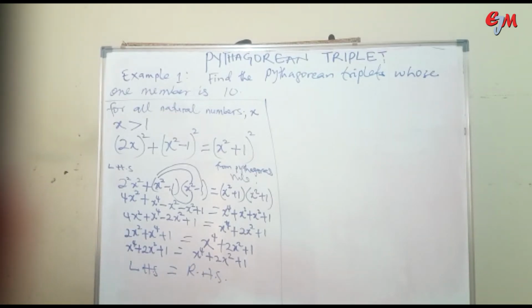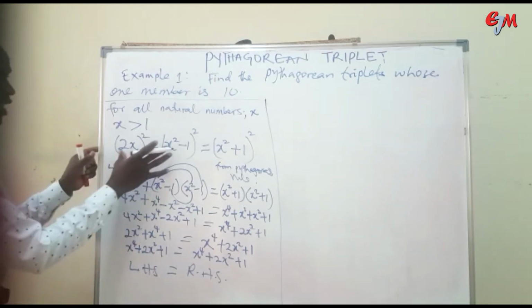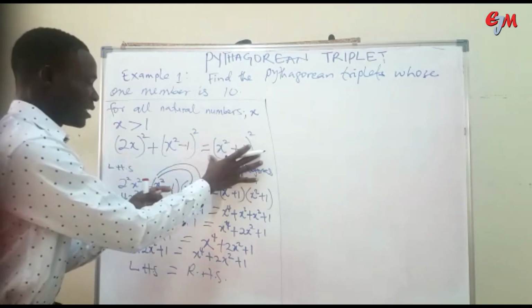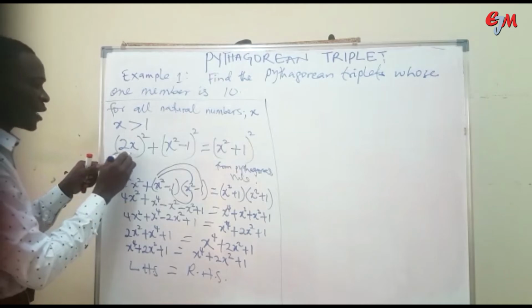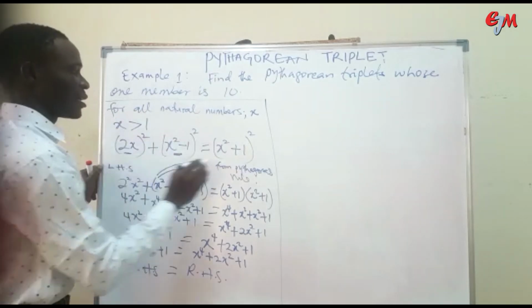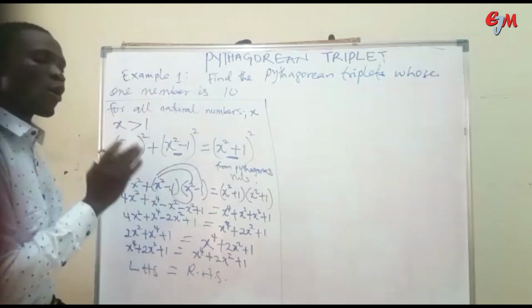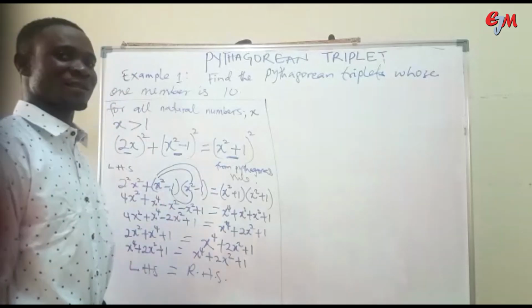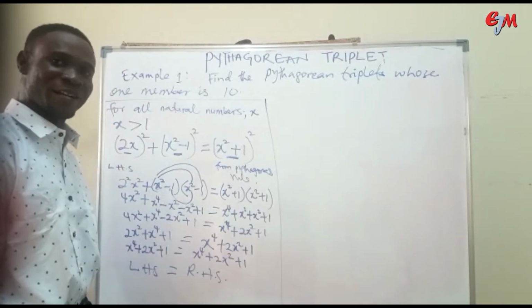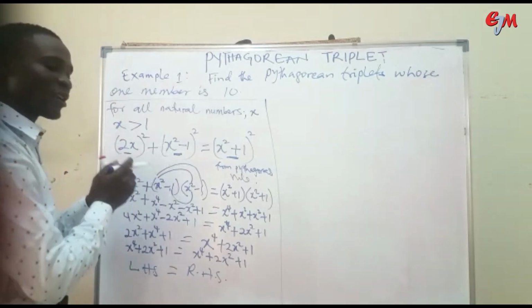So if this expression gives you this, that means this first term here, this second term here, this third term here, they are all Pythagorean triplets. You get the point now? They are all Pythagorean triplets.